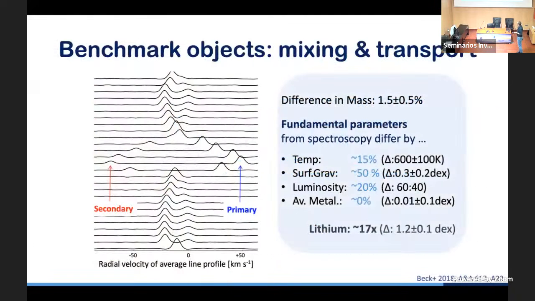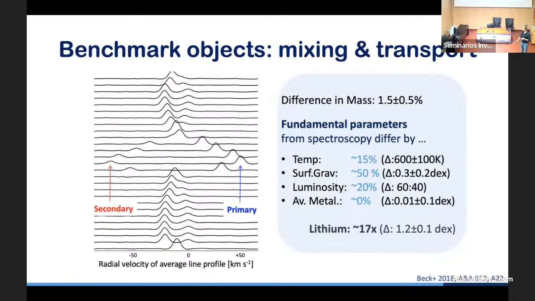Just to show one of my favorite systems, and this was a paper that I wrote here at the IC during my fellowship, is a system where we have two red giants. And we know from the mass ratio, we don't know the inclination, but we know from the mass ratio that they have a difference of 1 to 2% in mass.